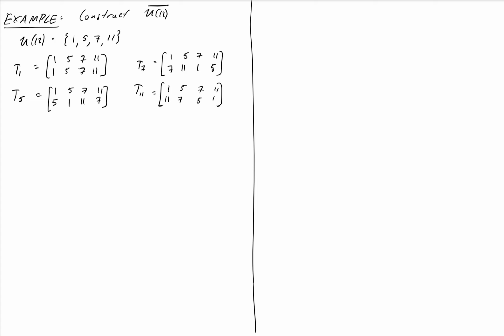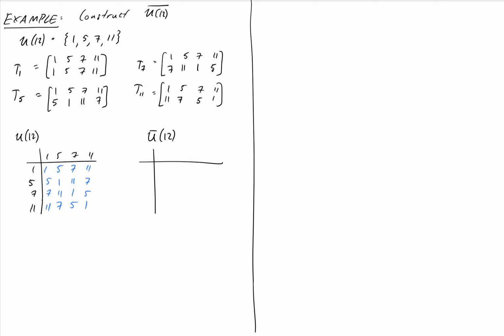And if we were to build the Cayley tables of these two groups, let's do the U of 12 one again. We get the familiar Cayley table here, and then we can build the same Cayley table for U bar of 12, and the elements are now going to be T1, T5, T7, and T11.